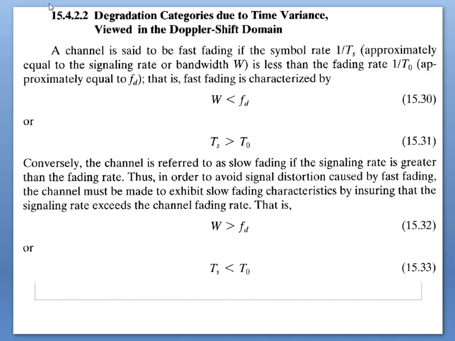The channel is referred to as slow fading if the signaling rate is greater than the fading rate. Thus, in order to avoid the signal distortion caused by fast fading, the channel must exhibit slow fading characteristics by ensuring that the signaling rate exceeds the channel fading rate, that is, W greater than Fd, or Ts less than T0.